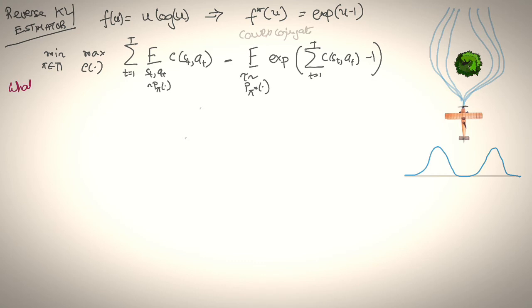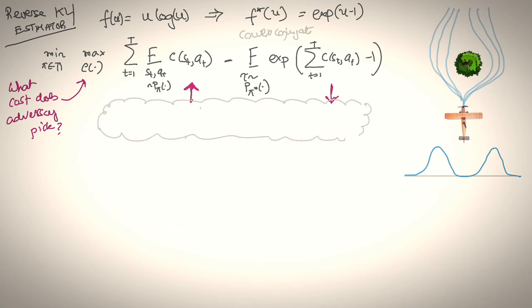The only way it can do that is by making any state that the expert doesn't visit exponentially high and making the states that the expert visits as close to 0 as possible. In other words, the adversary puts all the cost mass precisely outside of the expert support.